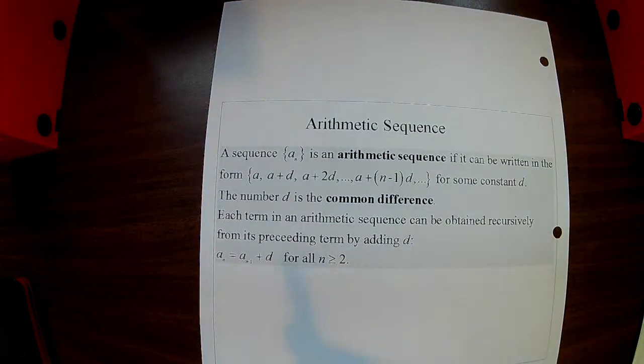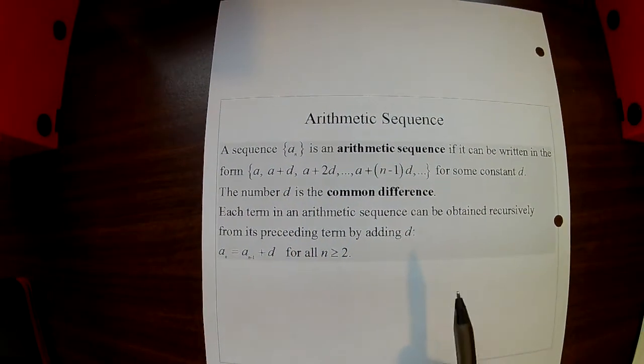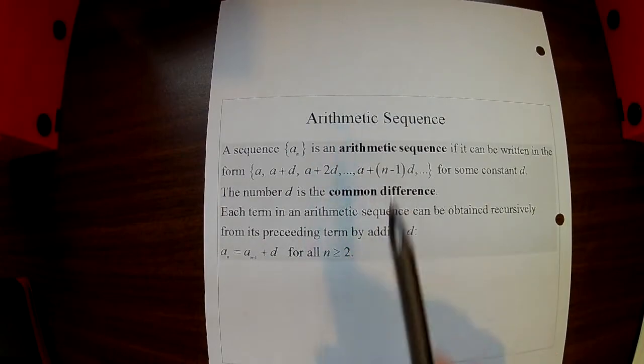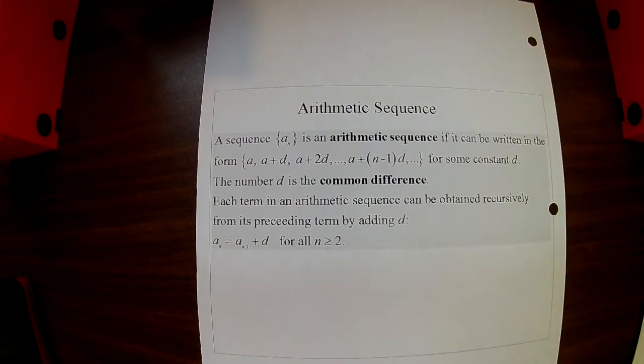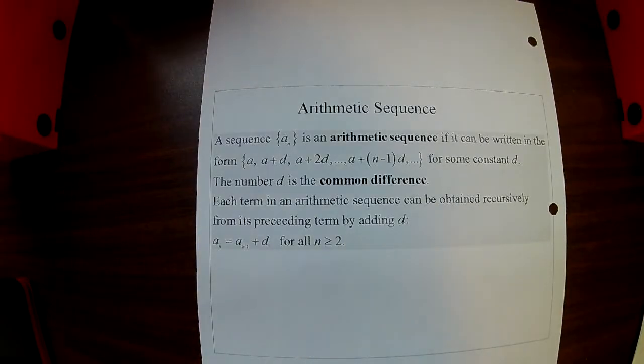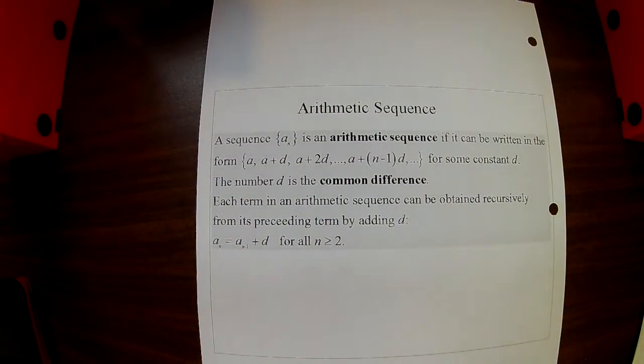All right, so that last sequence that we had, sequence B, is actually called an arithmetic sequence. A sequence A sub n is an arithmetic sequence if it can be written in the form A, A plus D, A plus 2D, up to A plus n minus 1 D for some constant D. The number D is the common difference.